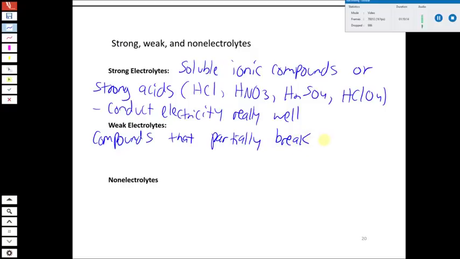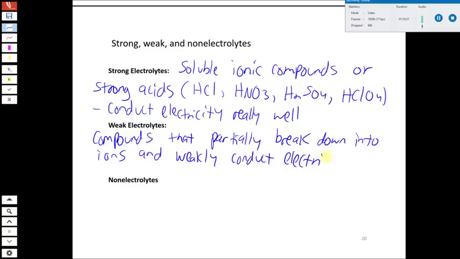We're not going to talk a lot about weak electrolytes in this course because there's only one class of compounds that really falls into this category, and we're not going to talk about those types of compounds in very much detail. You'll get a lot of that in Chem 1332 as well. When these compounds dissolve in water, they partially break down into ions, so there are some ions formed, but most of the molecules remain intact and behave more like covalent compounds. So they're kind of an in-between case, and they weakly conduct electricity.